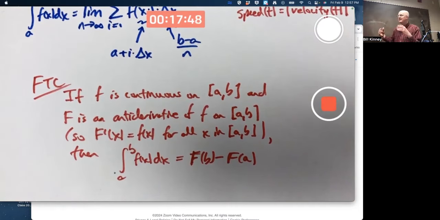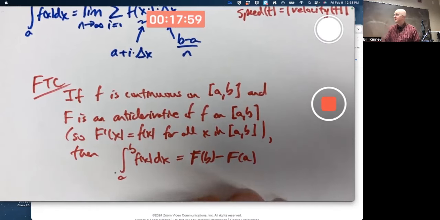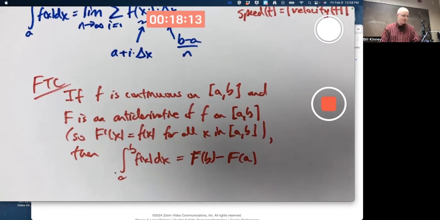Find the area between the curve and the axis, the signed area, I should say, positive when it's above, negative when it's below. You just have to find an antiderivative and plug in these numbers and subtract. Amazing. Astonishing. It is amazing that this works. The discovery of this theorem was the key to saying that calculus has now been discovered, so to speak, by Newton and Leibniz.